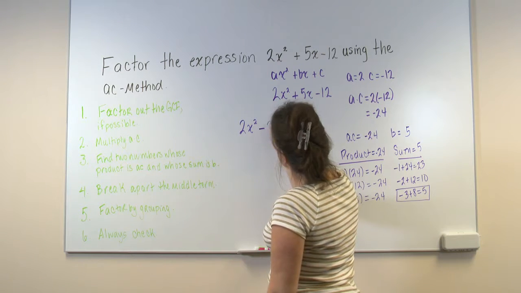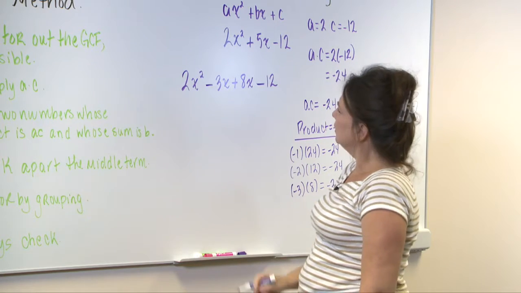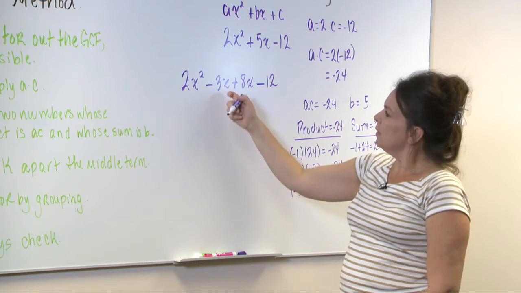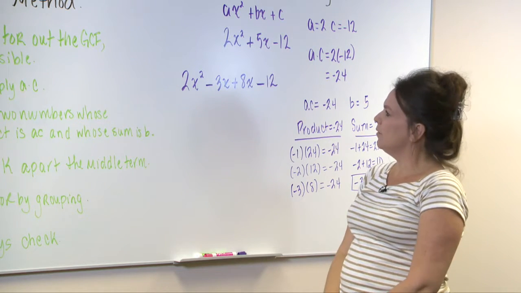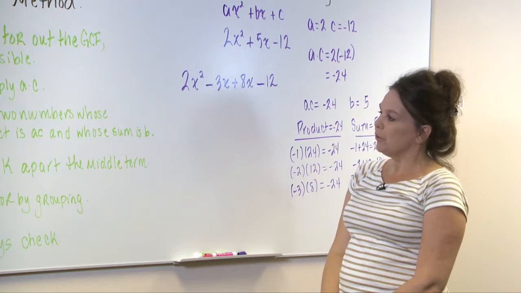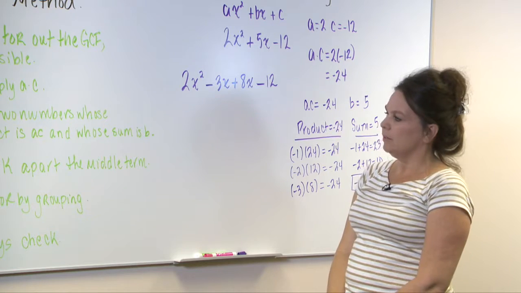So I'm going to write minus 3x plus 8x. Noticing that negative 3x plus 8x is 5x. So now I've broken apart the middle term. We have 4 terms here in the expression.